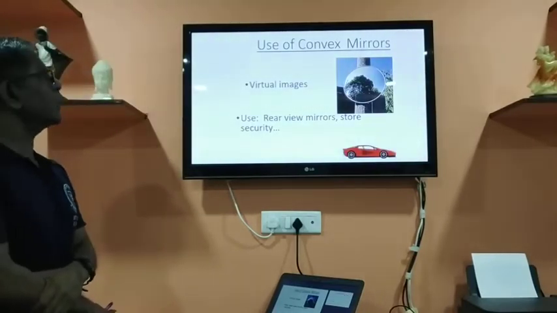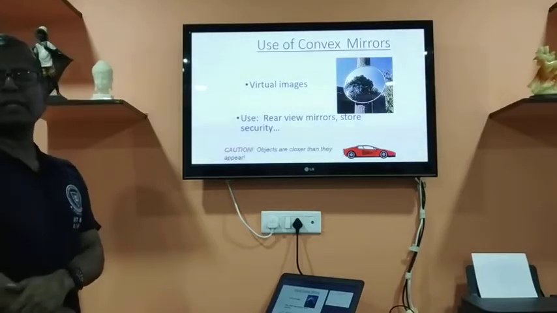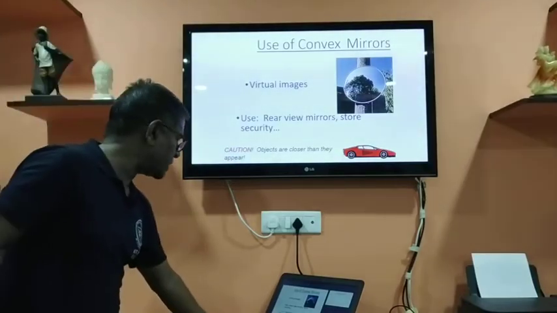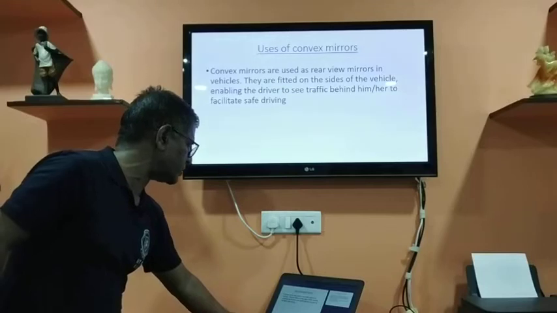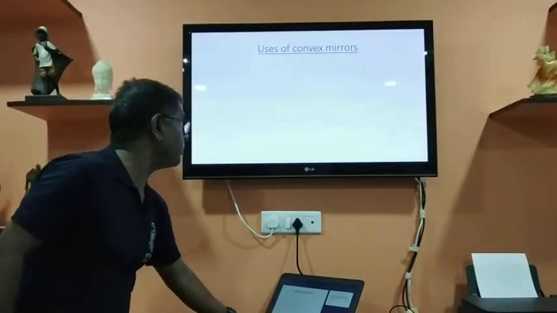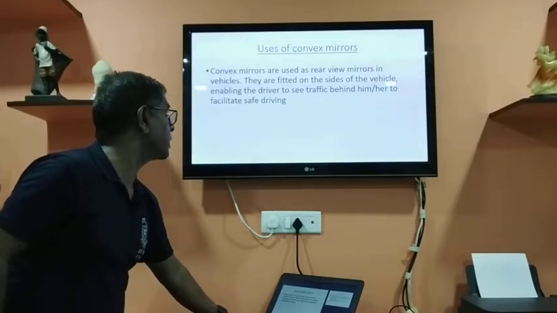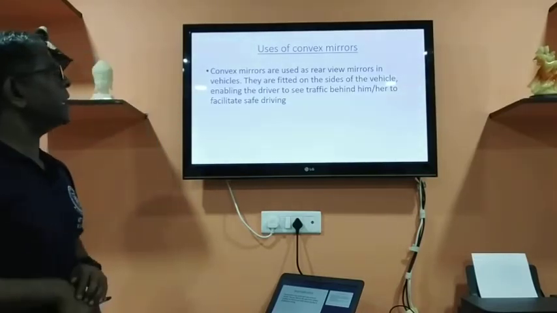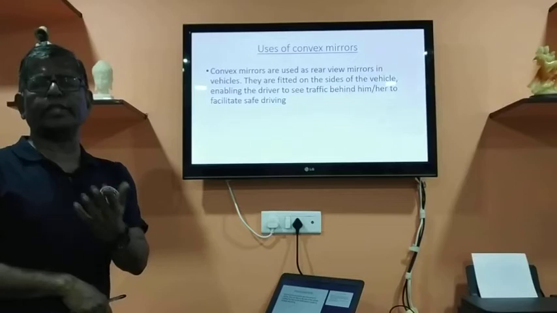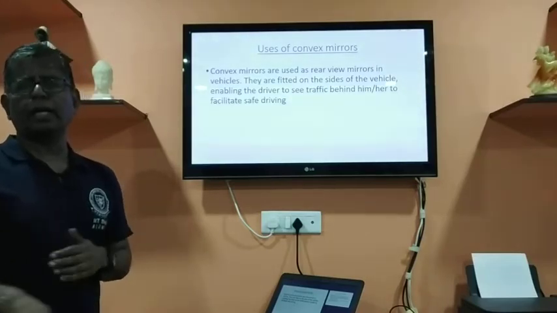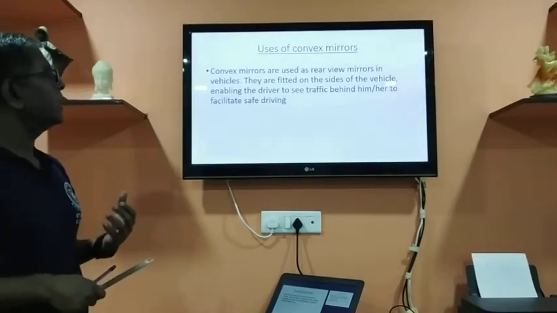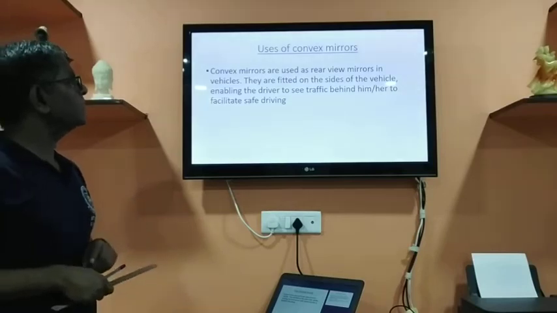So where do we use the convex mirror? The image formed by the convex mirror is always virtual. So they are used as the rear view mirror. If you see the mirror fitted in your car or in your motorcycle, it is a convex mirror.